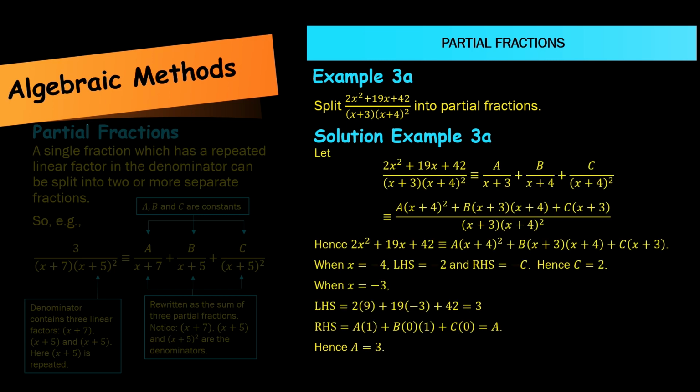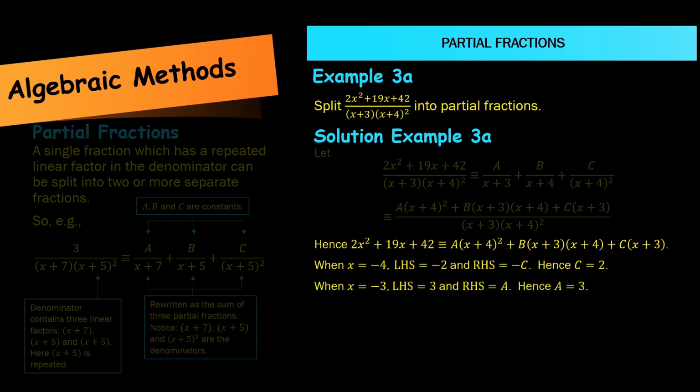So now we have the value of a and the value of c. We only now need to find the value of b. Let's plug in x equal to 0 to simplify our calculations on the left and right-hand side, and also of course plug in a and c in order to find the value of b.